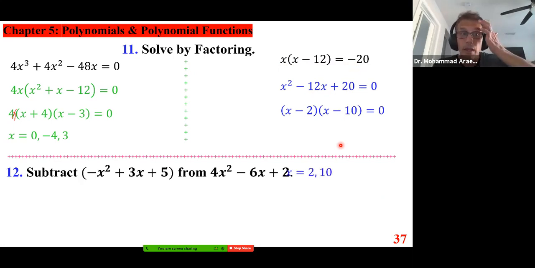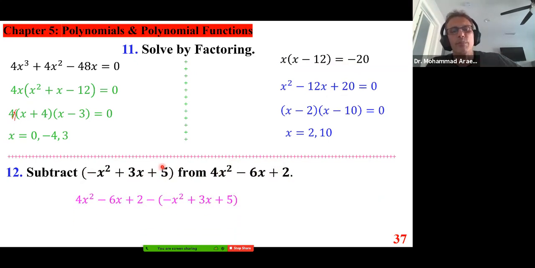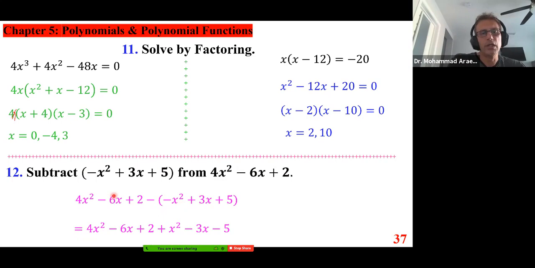Okay. We want to subtract this expression from this expression. So you're going to write this one first minus this one second. So it's important to write it properly. Distribute the negative sign. So the first three don't change.